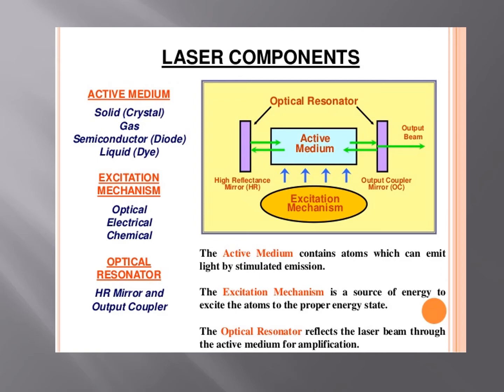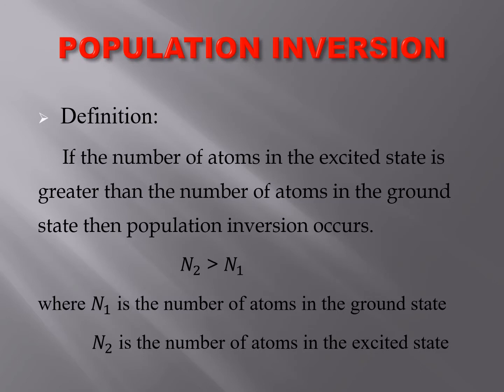The active medium means the medium in which the population inversion takes place. The active medium contains atoms which can emit light by stimulated emission. The excitation mechanism is a source of energy to excite the atoms to the proper energy state. Now comes population inversion.